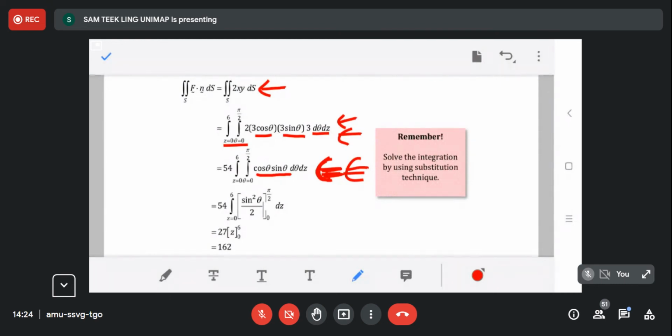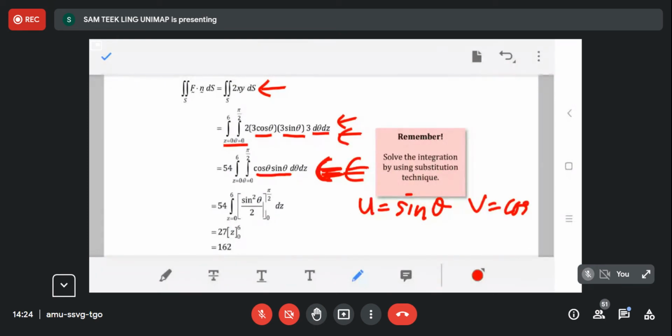If you don't want that, you can use substitution: choose u equals sine theta, or v equals cos theta.